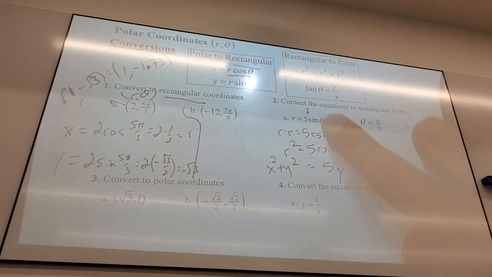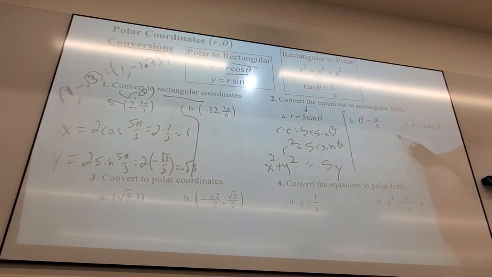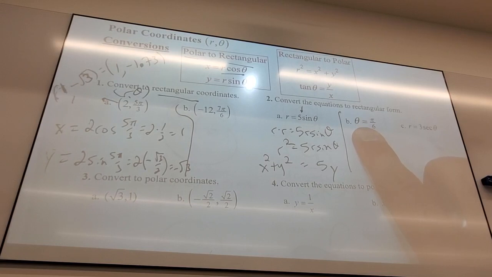So it was polar. Is it completely rectangular now? No. There's one thing I can do to both sides that would immediately let me write things in terms of y and x.